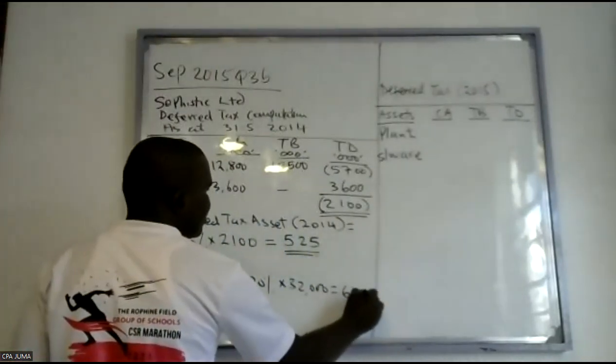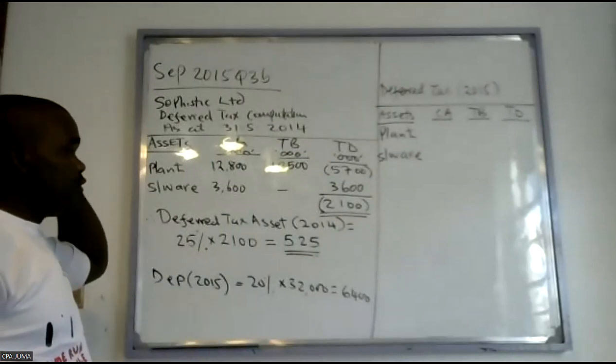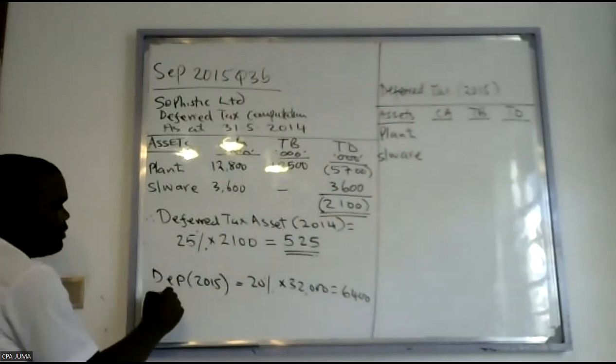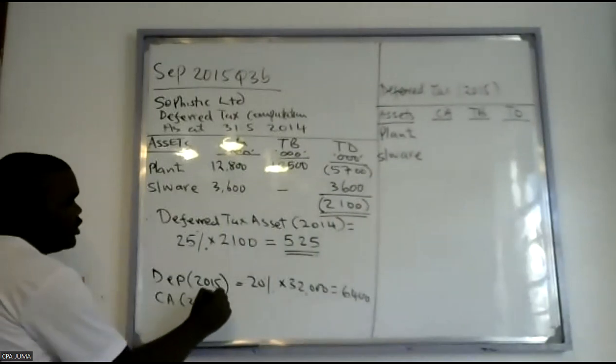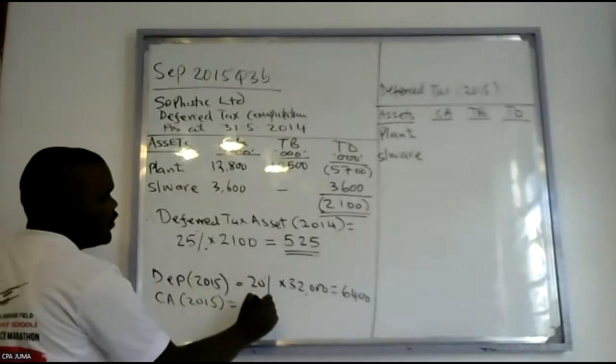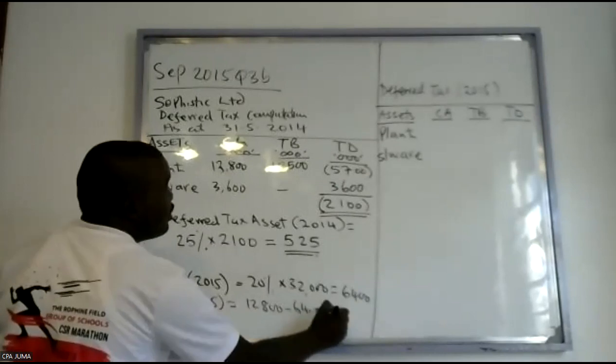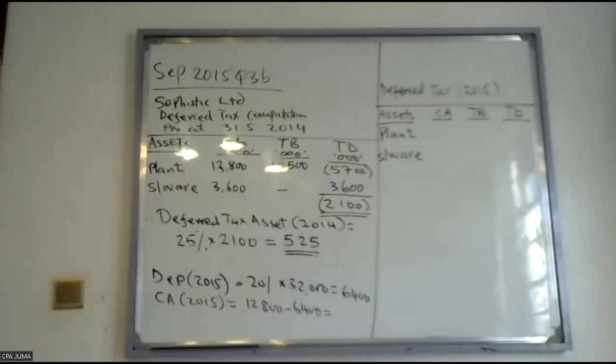So the carrying amount for 2015 is the closing figure for 2014, 12,800, minus 6,400.